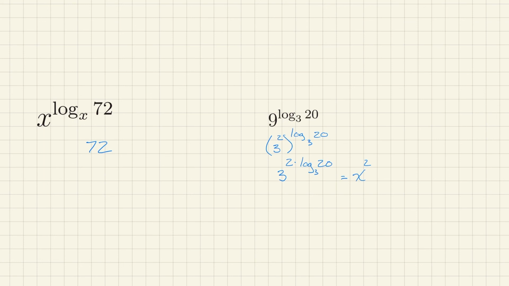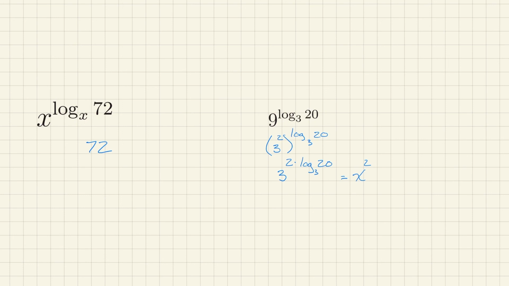If this 2 here was not here, then that 2 would not be there either. But because this 2 is here, this 2 also has to be there, so it balances, okay? So if this were a 3, you'd have to have a 3 here. If this were 100, you'd have to have 100 here.